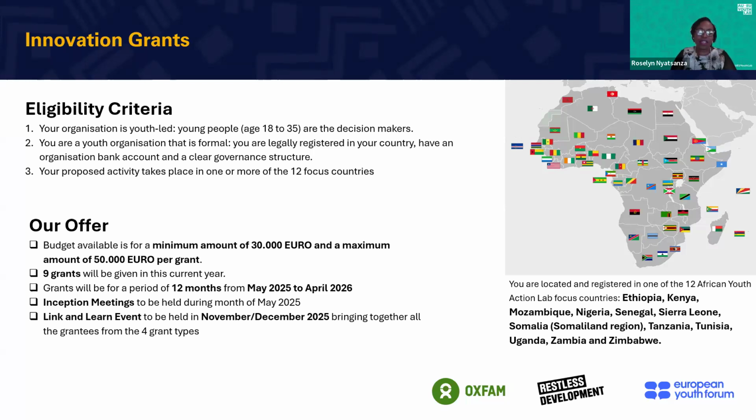Then there is the Link and Learn event, which is, I think, the big highlight for the grantees. All the grantees in the first year across the 4 grant types will be meeting together. We expect that this meeting will happen around November or December, and that it will bring together all the grantees from the 4 grant types, and the consortium partners will also be present.